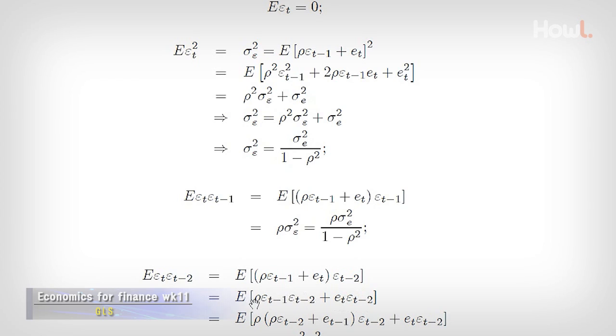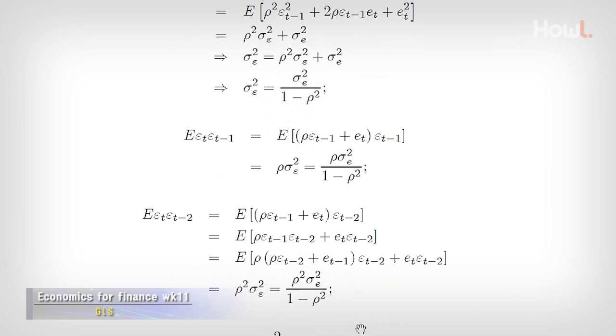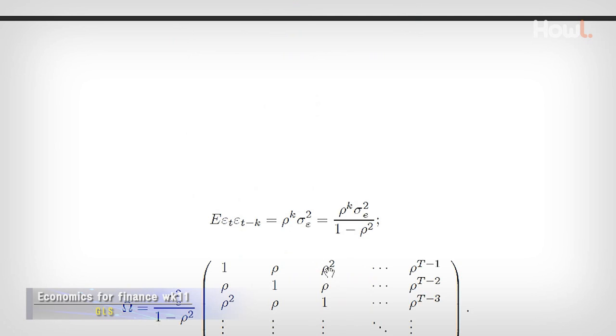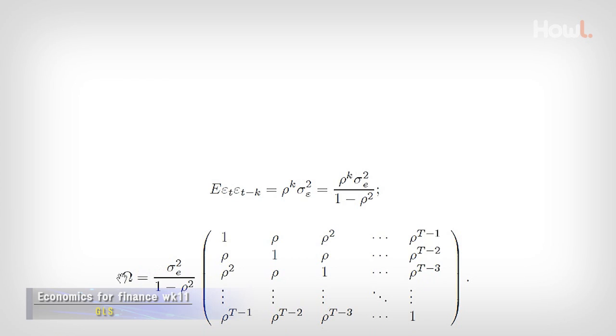We already know this part, so it is just rho multiplied by this part. So we have rho squared, the variance of e, over 1 minus rho squared. Okay? And if we keep doing this iteration, then the covariance between epsilon t and epsilon t minus k looks like this. So basically we can characterize omega, and omega looks like this.